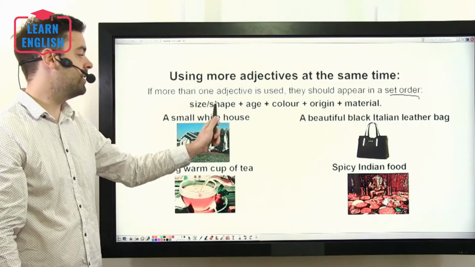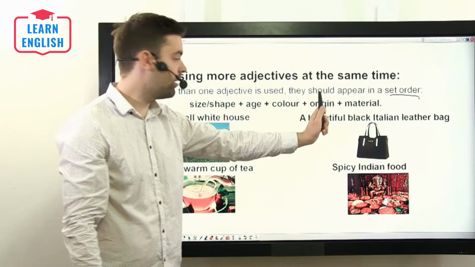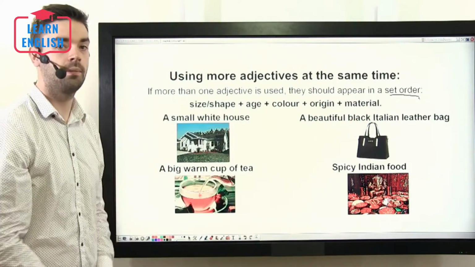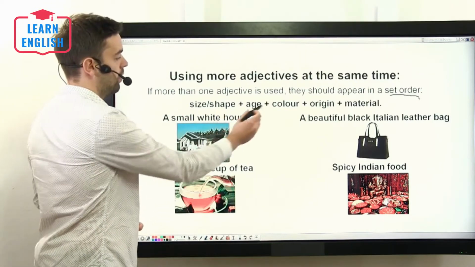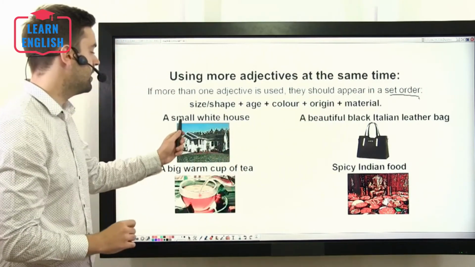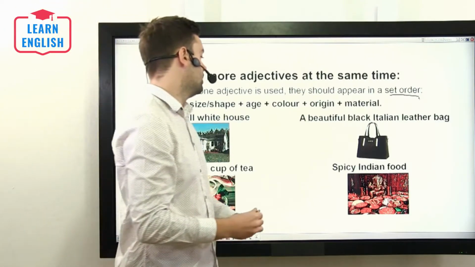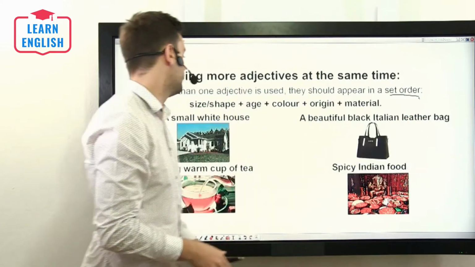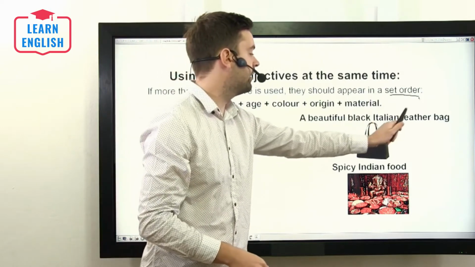So let's have a look at some examples. A small white house. A beautiful black Italian leather bag.